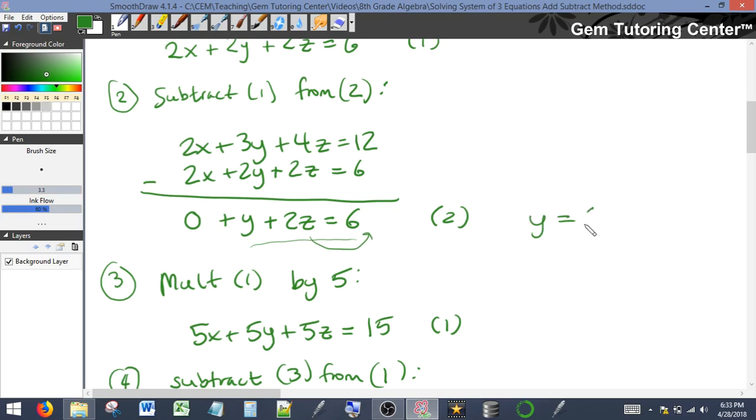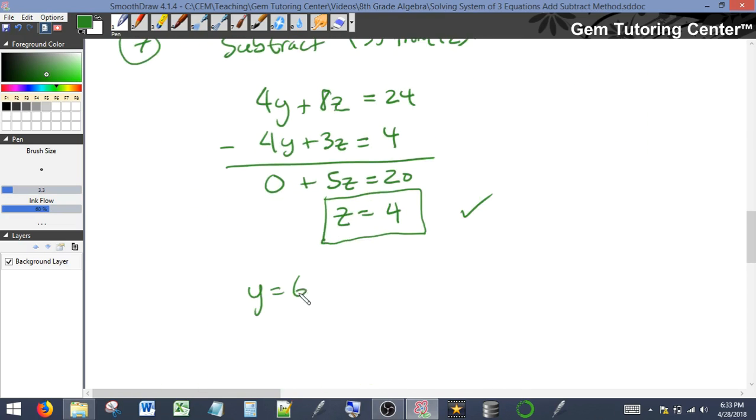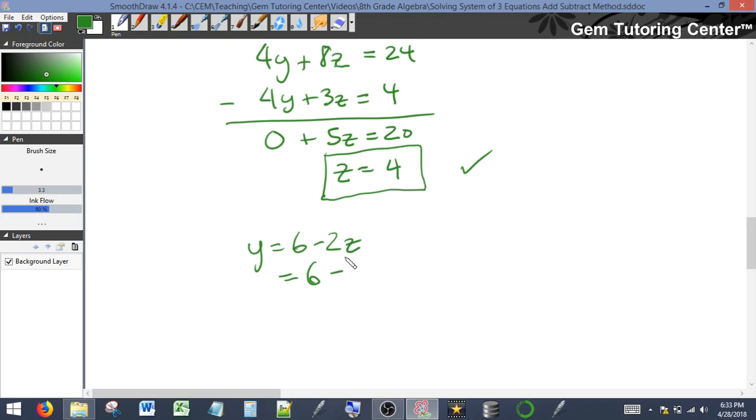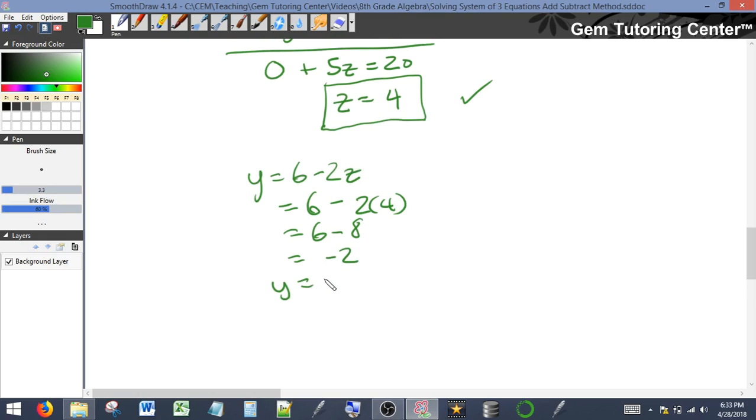So y equals 6 minus 2z. Z is 4, so it's going to be 6 minus 2 times 4, which equals 6 minus 8, which equals negative 2. So y equals negative 2 is the solution of one of the other variables.